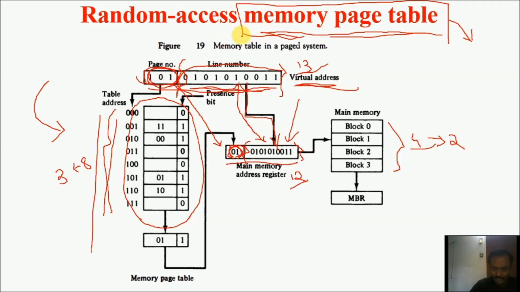That's why different types of memory table techniques are used. Here we are showing you the random access memory table. Then we will show you another technique for how we can implement the memory page table. So this is the first implementation of the memory page table using the random access technique.